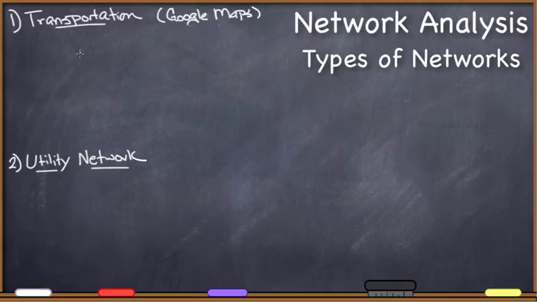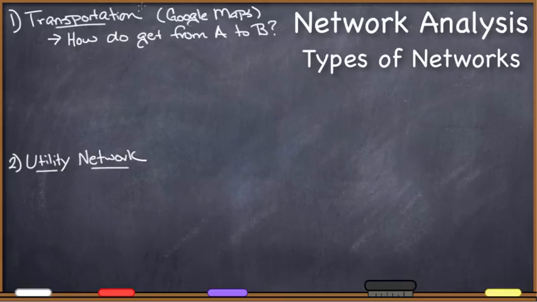When we're talking about using Google Maps and a transportation network, we are typically used to asking just a couple of different questions, which, basically, maybe just one: how do I get from A to B?